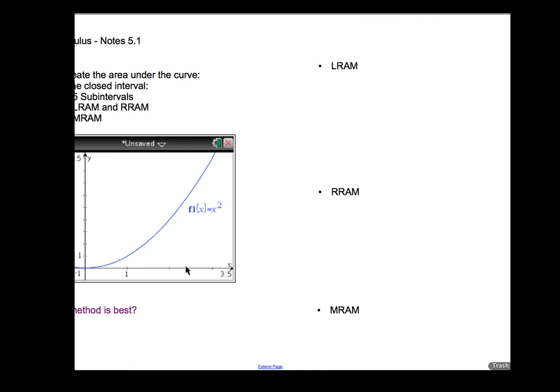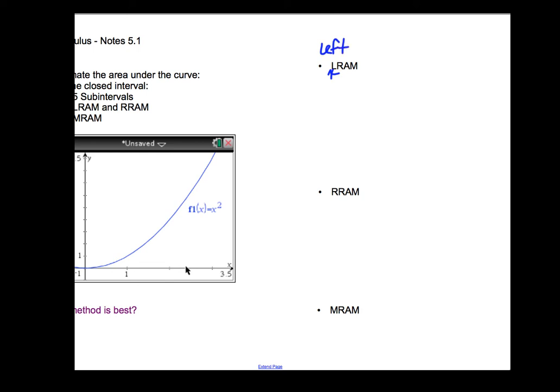Okay, what we're going to look at now is called rectangular approximation method, or RAM, okay? And this is how the integral is going to work. And there's basically 3 kinds of RAM. There's left rectangular approximation method, which is LRAM. L would be the left.